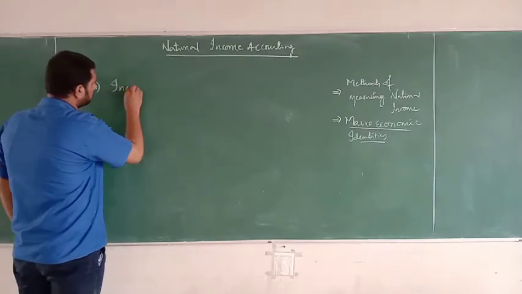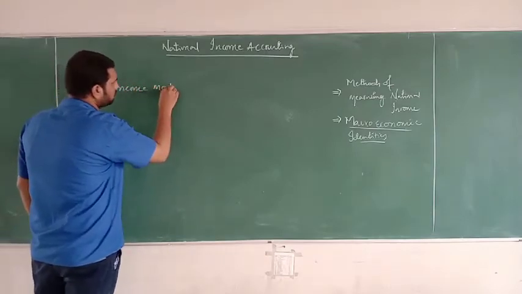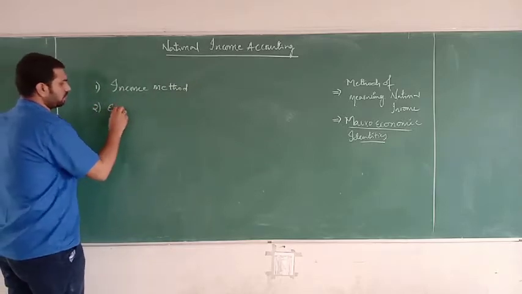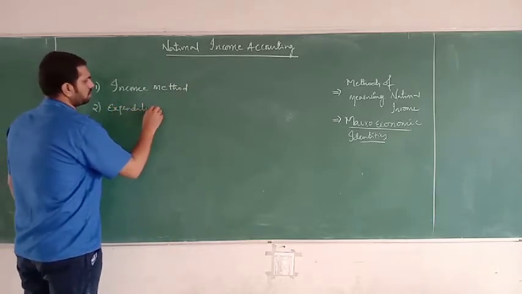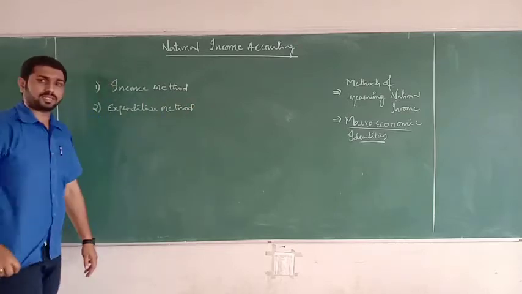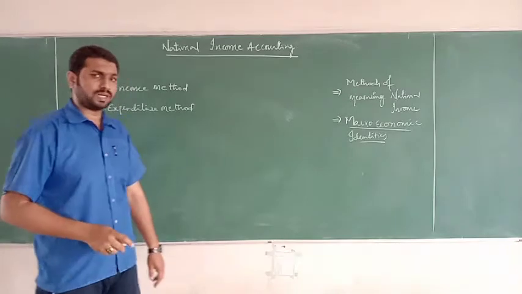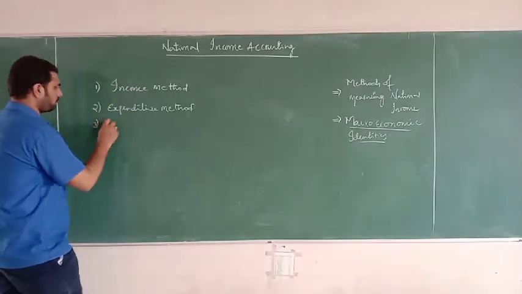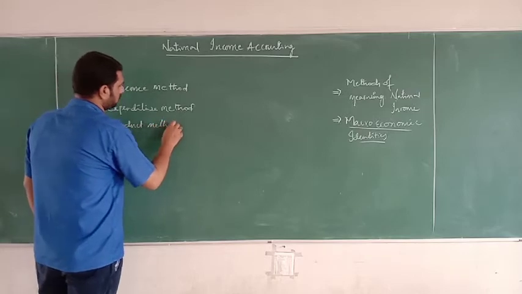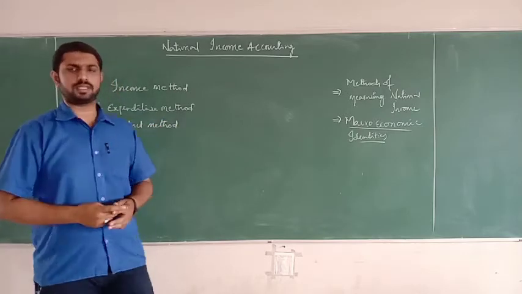First one is called income method. Second one is called expenditure method. And third one is called product method.